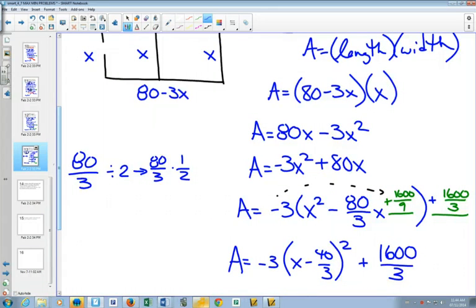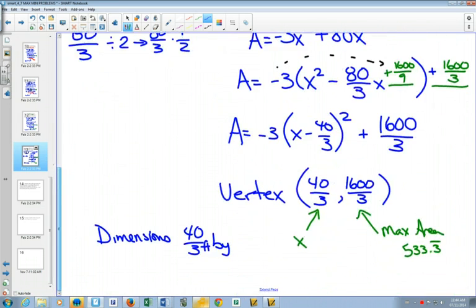Not so easy if you had the decimal. 40 over 3 times 3 is? 40 over 3 times by 3. What's going to happen? Yeah, the 3's just cancel out. So the other side is just going to be 40. Nice number comes out in the end.